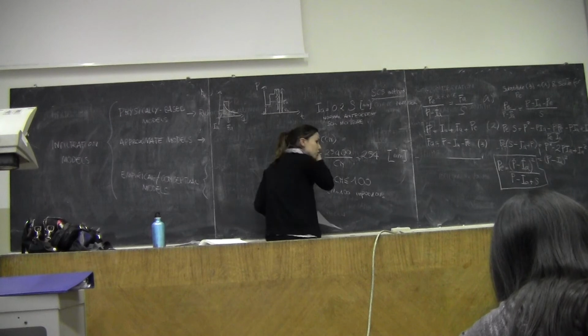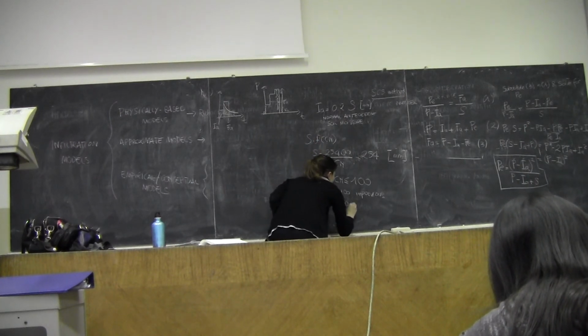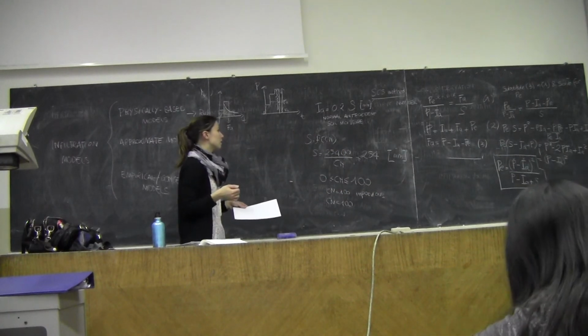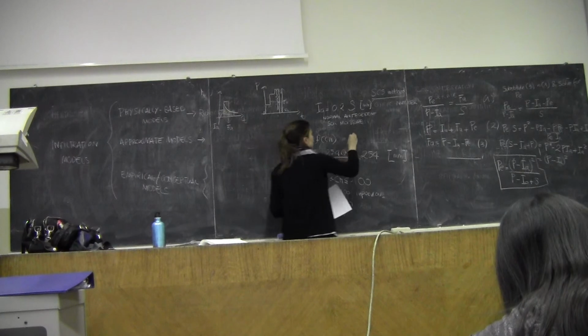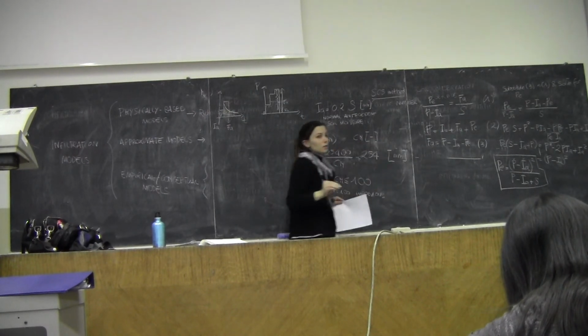Whereas for natural soils, we have that Cm is smaller than 100. Remember that Cm has no dimensions, so it's adimensional.